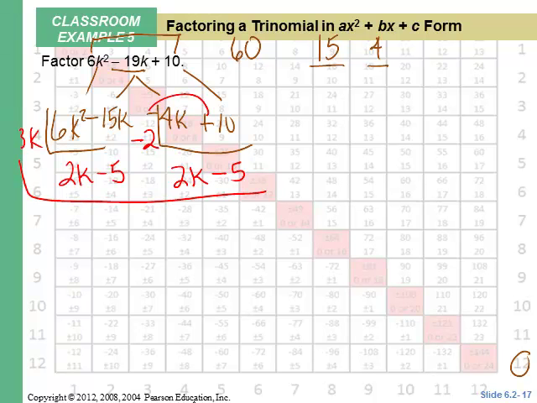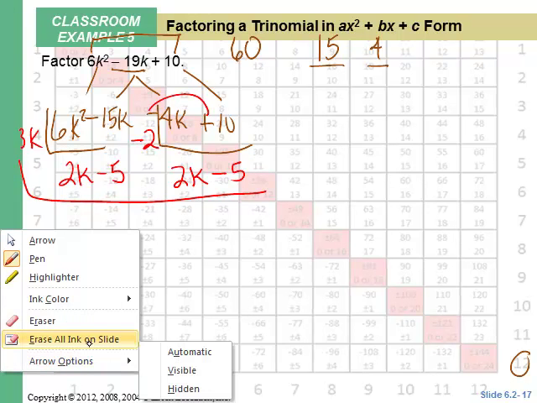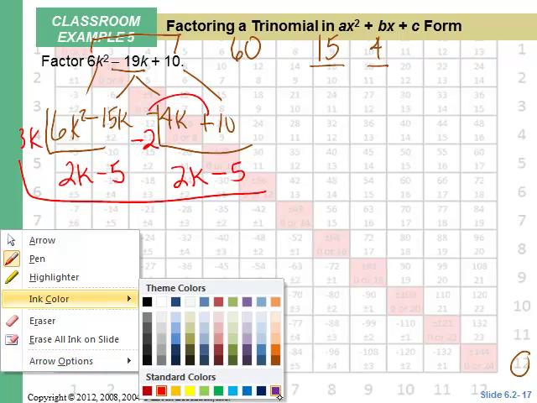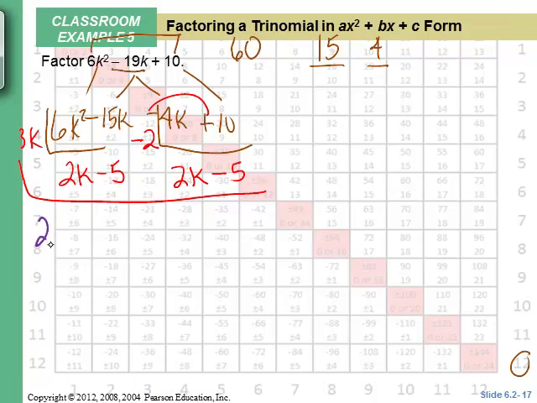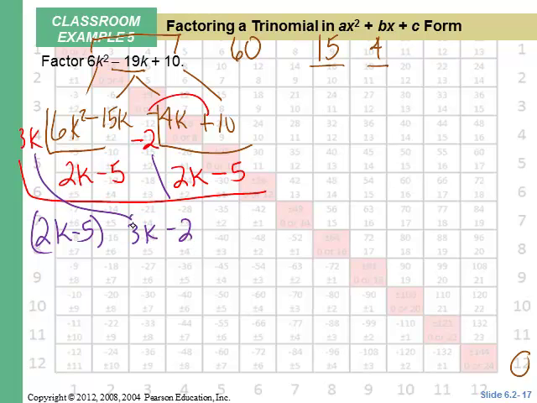So our factored form, when we get done here, I'm going to switch colors, is 2k minus 5, that's one of the factors, and then 3k minus 2 is the other factor. Okay, so when you see a lead coefficient that's not 1, you have to multiply the first and last together to get what two numbers multiplied, but then what two numbers added is used just to split up this middle term.